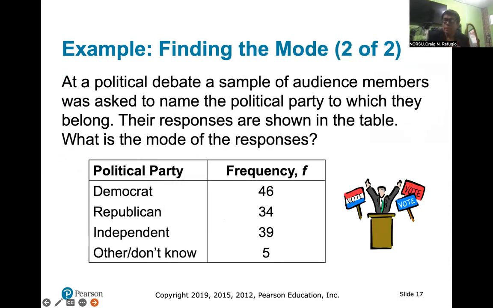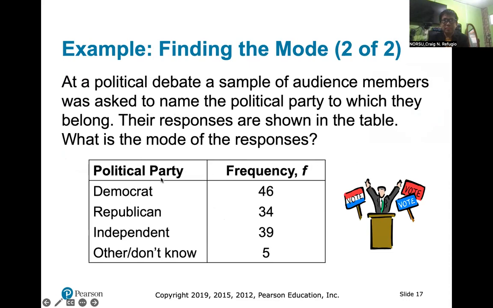So finding the mode in a given frequency table. At a political debate, a sample of audience members was asked to name the political party to which they belong. The responses are shown in the table. What is the mode of the responses?